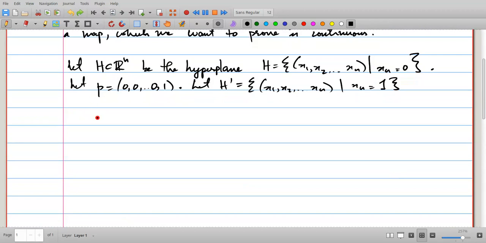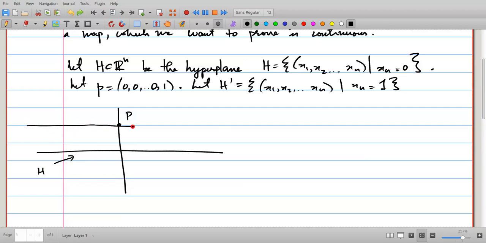So if we make a picture in R2, then this is H, this is the point P, and this is H prime.